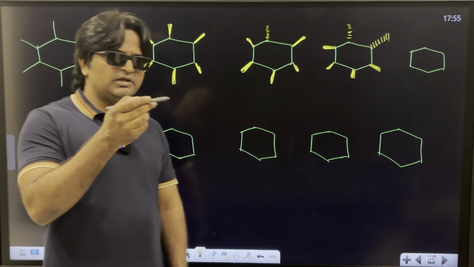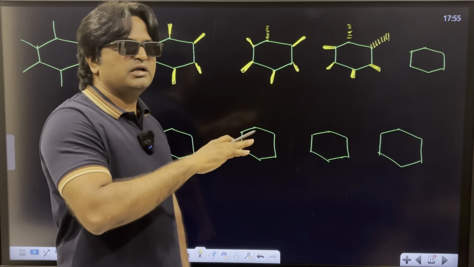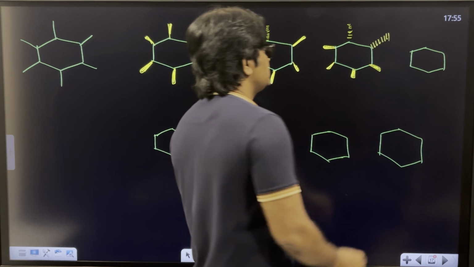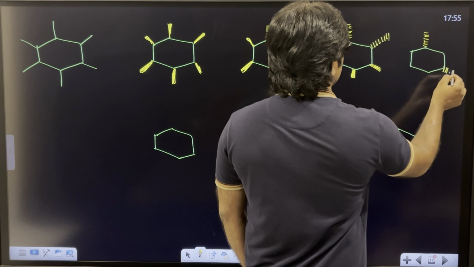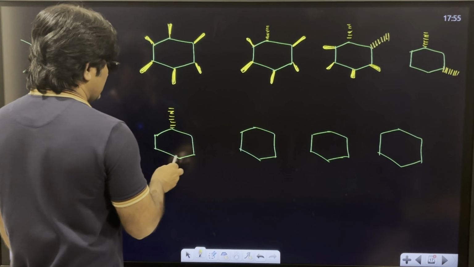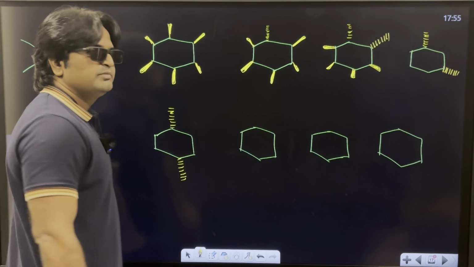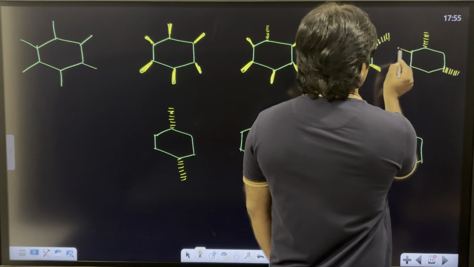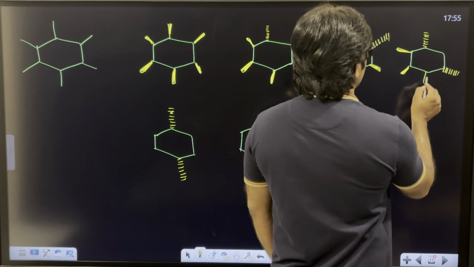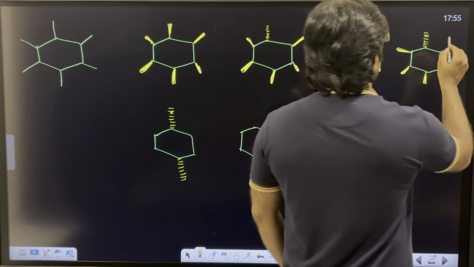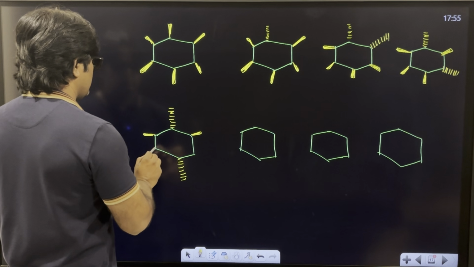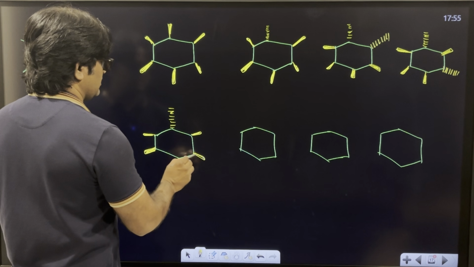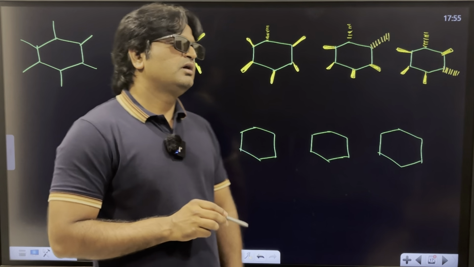At 1, 2 position I am taking methyl groups below the plane and at remaining carbon atoms all are above the plane. Next one, we can also arrange like this. Not only 1, 2 position, we can also take 1, 3 position. Not only 1, 3 position, we can also take 1, 4 position. Arrangement of methyl groups. At remaining carbon atoms, above the plane. This is one possibility.